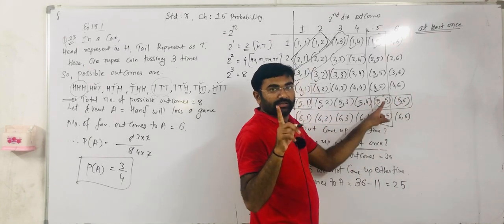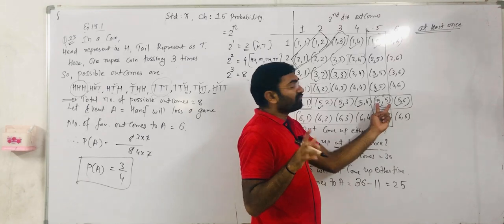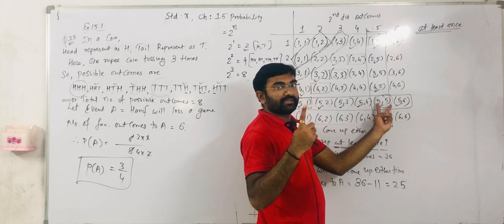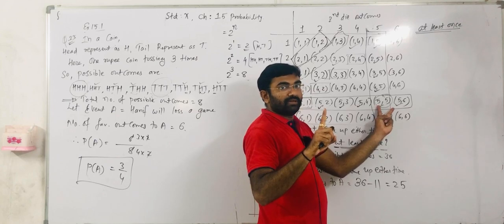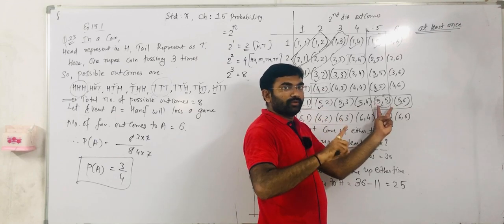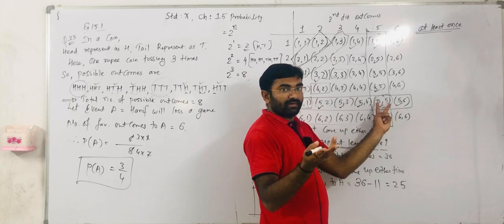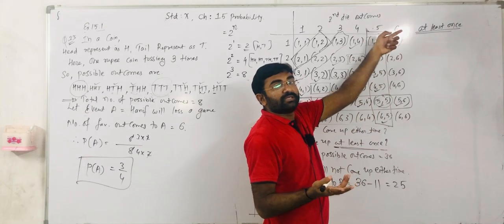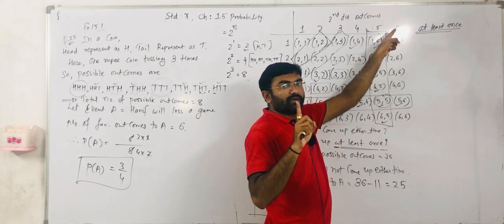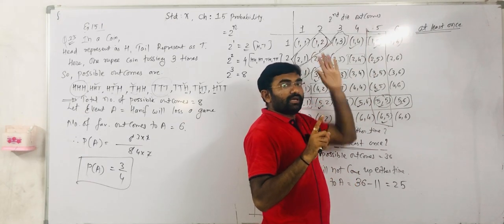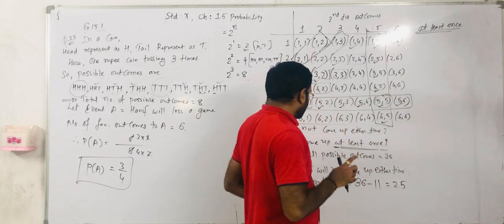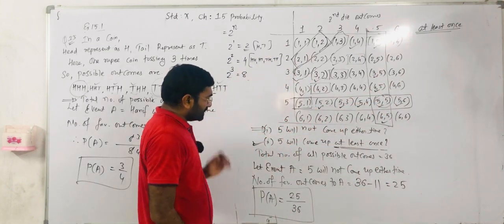At most once means maximum one time. Less than one time, if you get the 5, then it is okay, but not more than one time. This is the meaning of at most once. At least once means a minimum of one time we require 5, and if it is more than one time, then it is okay. So this is the meaning of at least and at most.